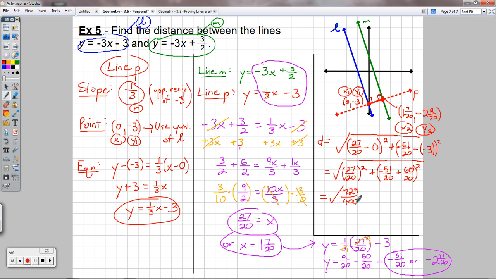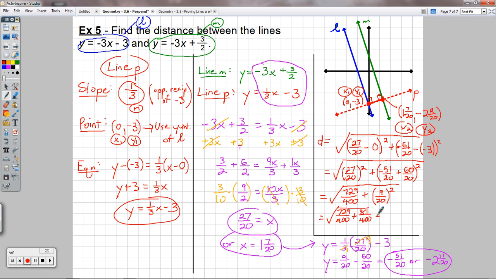That's 27 squared over 20 squared. And then this would be 9 over 20 squared. Negative 51 plus 60 is just positive 9. And 9 squared over 20 squared would be 81 over 400. So I've got 81 over 400.